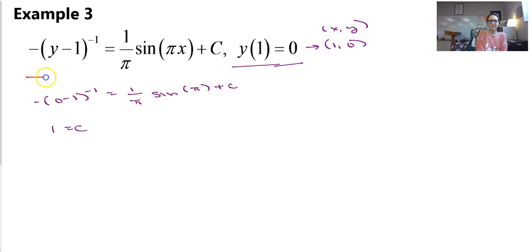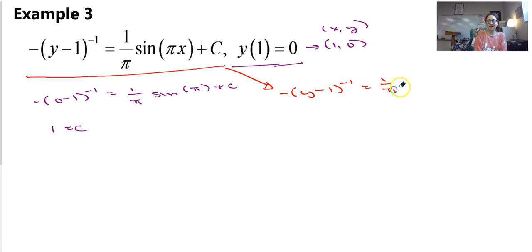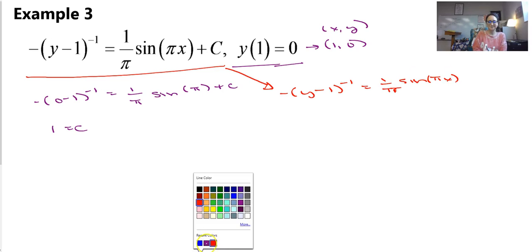Okay, so let's come back to the original, rewrite it, and plug in what we got for c. So I've got -y minus 1 to the -1 equals 1 over pi sine of pi x plus 1.